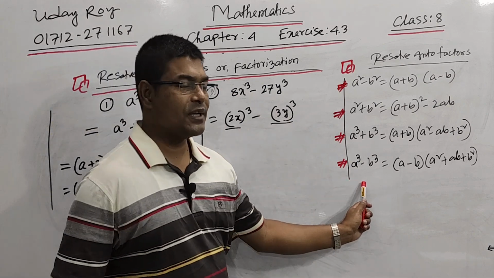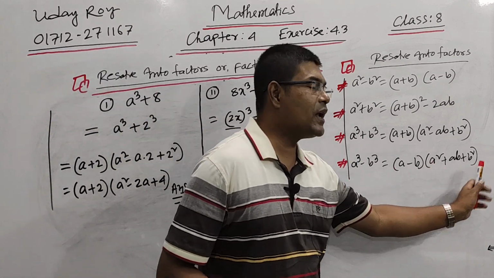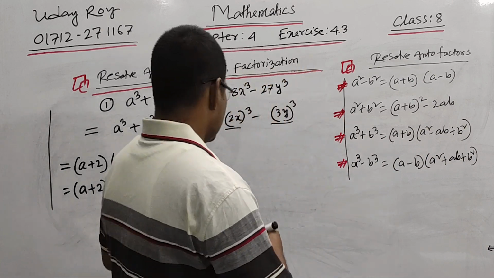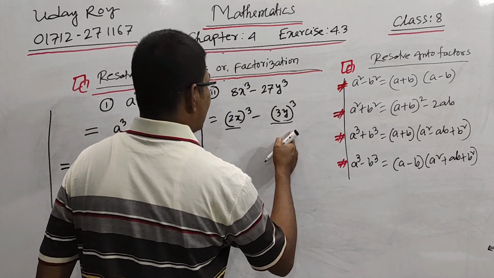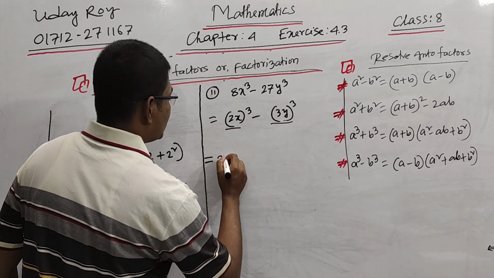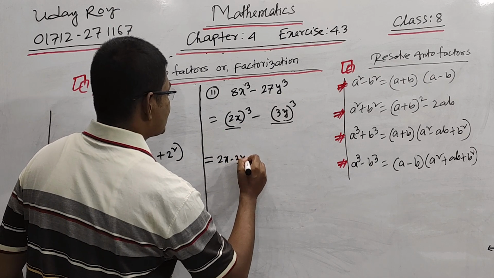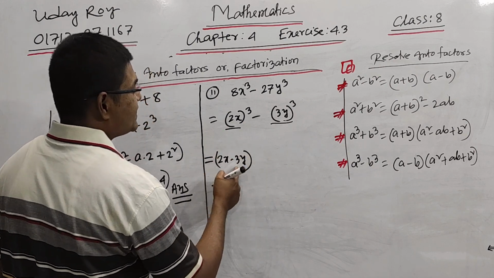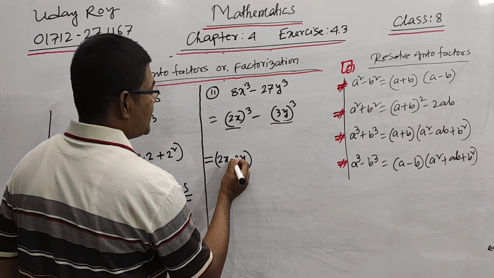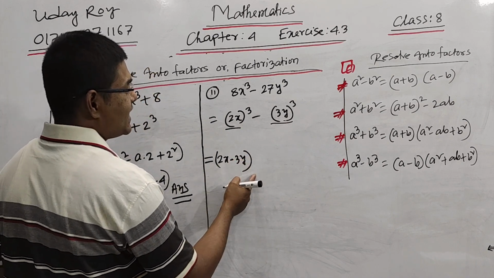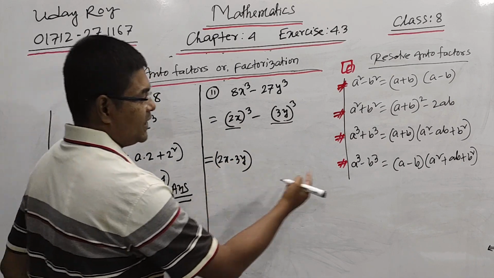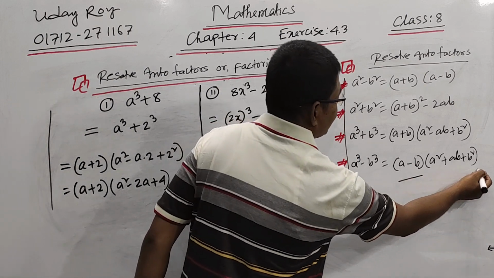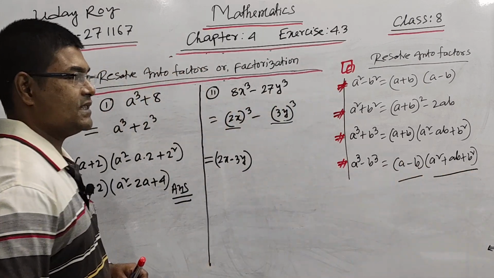So a cube minus b cube equals a minus b, a square plus ab plus b square. So a minus b is twice x minus thrice y. This is a, this is b. That means a minus b. You can see a minus b, a square plus ab plus b square.